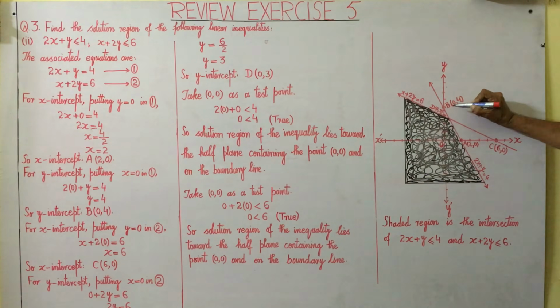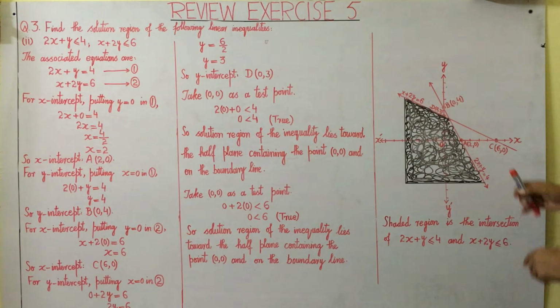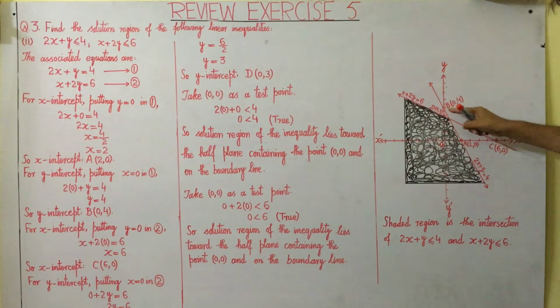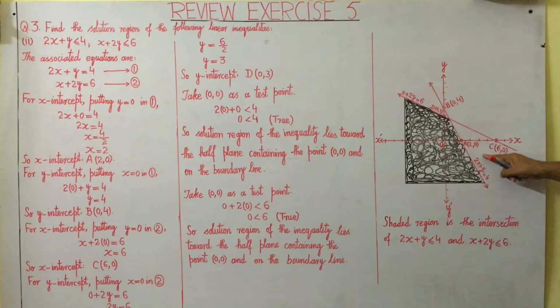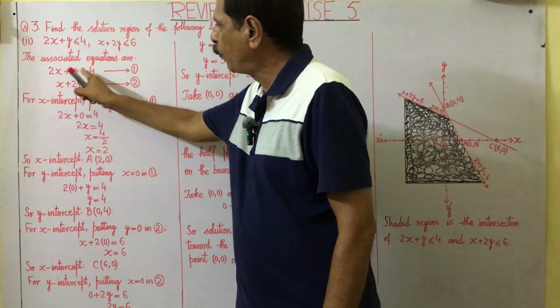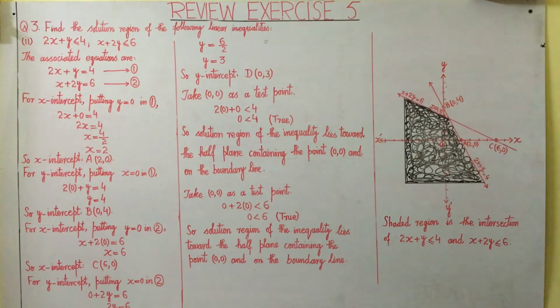So this is point B with coordinates 0 and 4. Now with the help of a foot ruler, we draw a line which passes through points A and B. This is the line. The equation of the line is 2x plus y is equal to 4. So I have written it on the line.